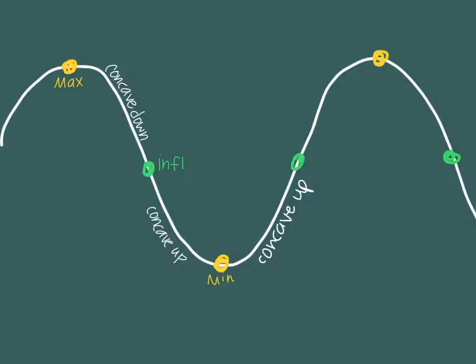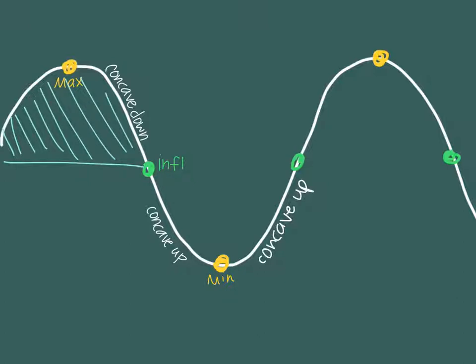Sometimes we talk about being able to hold water, or being a part of a parabola. You can almost visualize, I don't know if you can see that or not, that this section right here has sort of parabolic properties, and then between those two inflection points it has a different kind of parabolic property.